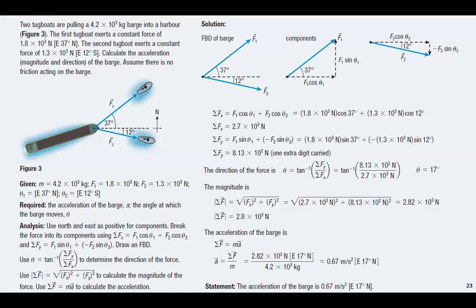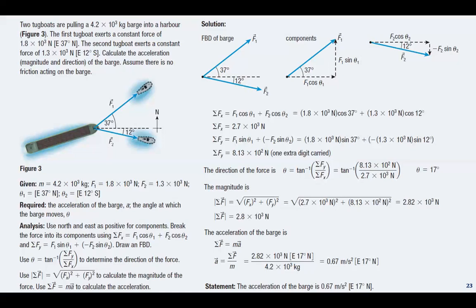And use the magnitude of the net force equals the square root of the squared Fx component plus the squared Fy component to calculate the magnitude of the force. And then use the net force equals m times acceleration a to calculate the acceleration.